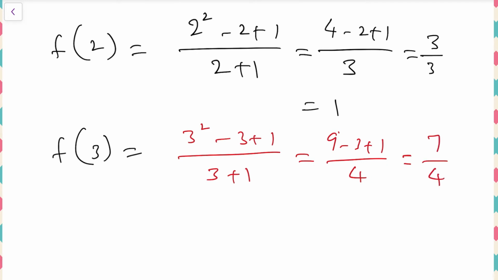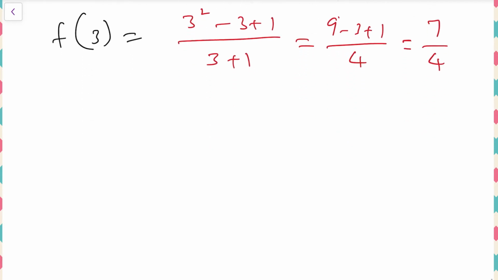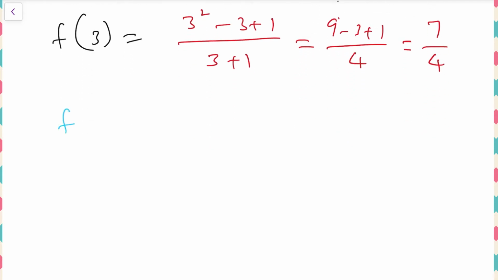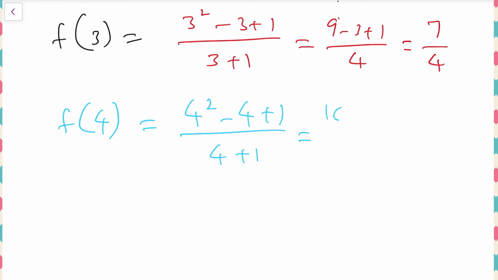Next the last one, that is 4. Substituting 4 in the place of x. F of 4 is equals to 4 square minus 4 plus 1 by 4 plus 1. 4 square 16 minus 4 plus 1 divided by 4 plus 1, 5. 16 minus 4 is 12, 12 plus 1 is 13.